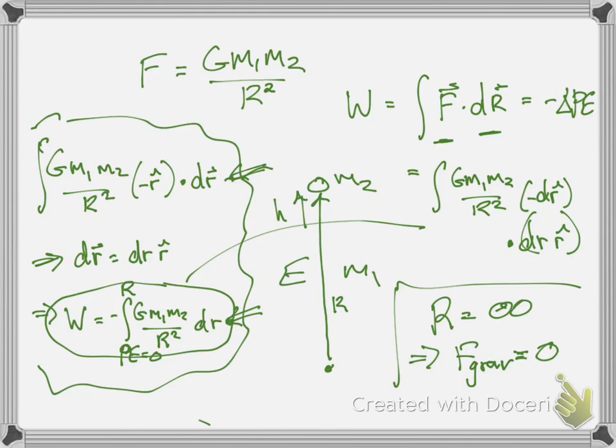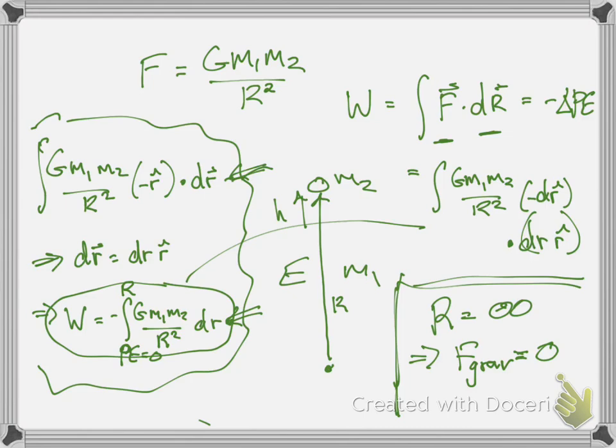So we'd like the potential energy to always be negative, and it will always be negative if we make potential energy equal 0 at infinity. As we get closer to the Earth, just like when we went down that hole, the potential energy is going to get more and more negative. It makes the most physical and mathematical sense to set the potential energy equal to 0 at r equals infinity.